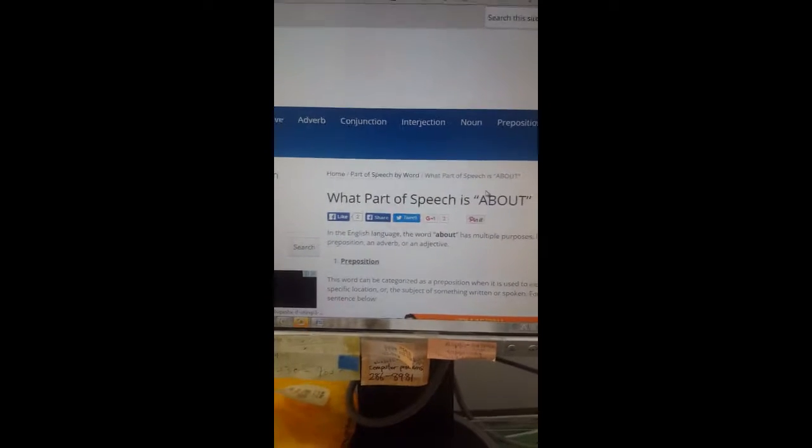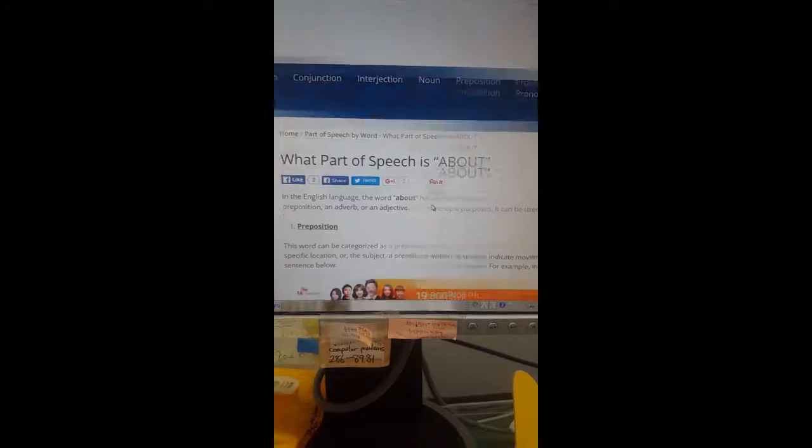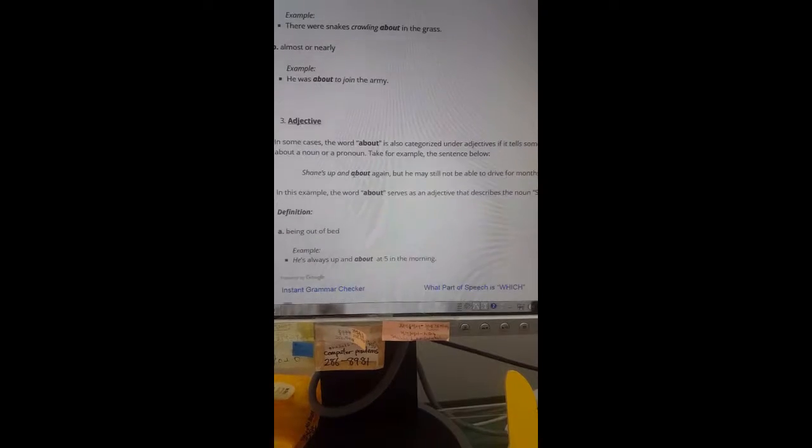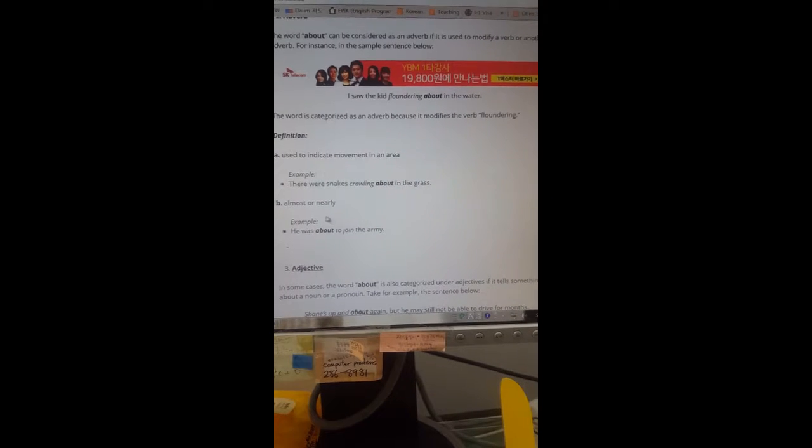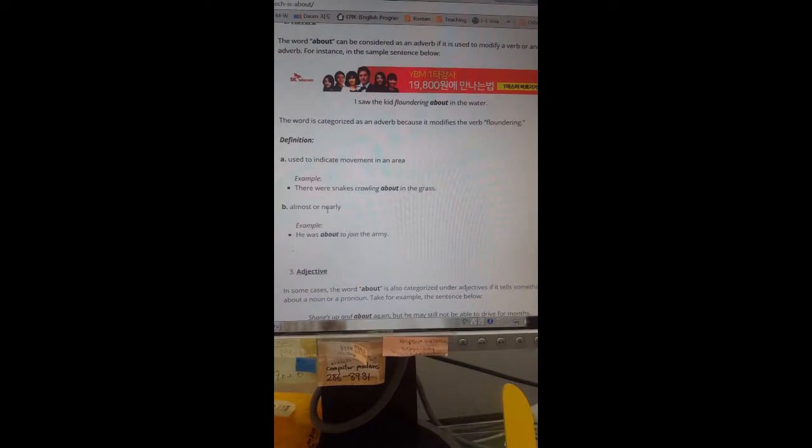Okay, so there are different definitions. The first is a preposition, the next is an adverb, and the next is an adjective. So I scroll down and see if there's anything else. After studying and looking at the sentence and back again, I'm just going to rush through this because I've already looked at this. But I see that it means almost or nearly.